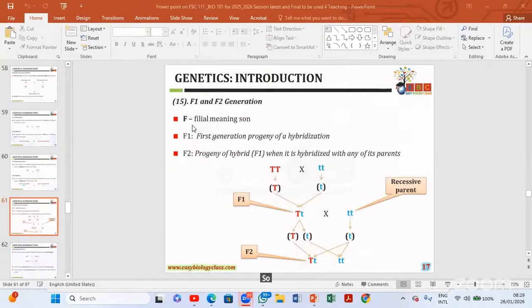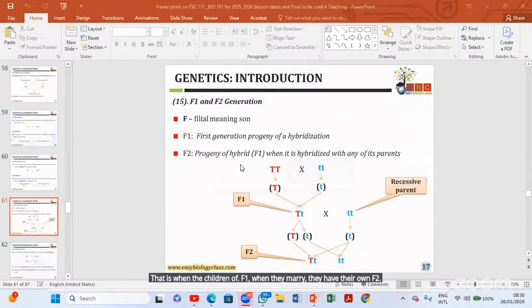So when you now have F1, F1 simply means first generation. That is the progeny of a hybridization, of crossing between a male and a female. Then we have F2, which are the hybrid from F1. When you now cross F1, you have F2. That is when the children of F1 marry, they have their own F2.